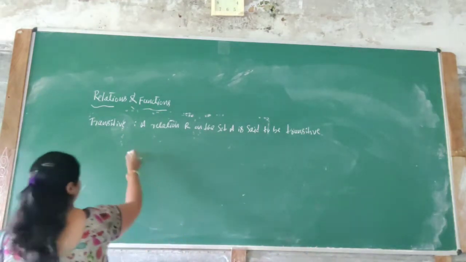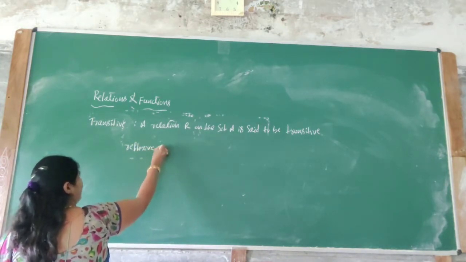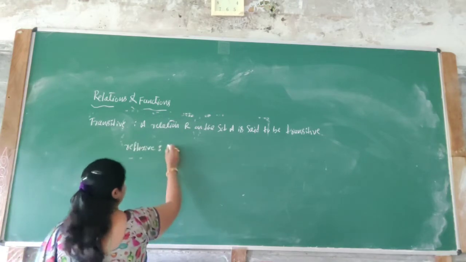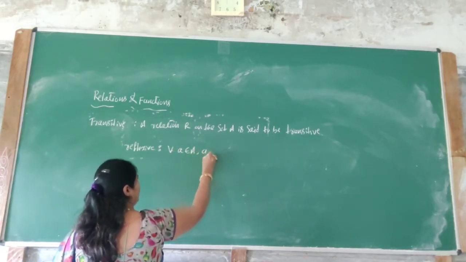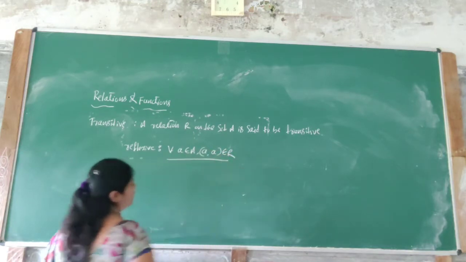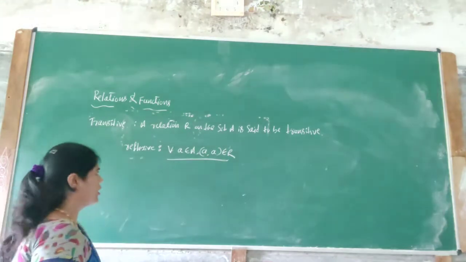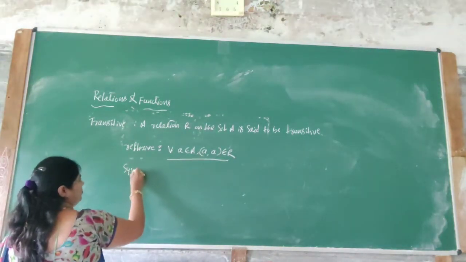What is reflexive? Students, write it like this in a box: if for all a belongs to A, (a, a) belongs to R. This is the statement of a reflexive relation. Very, very important. Next one is symmetry.